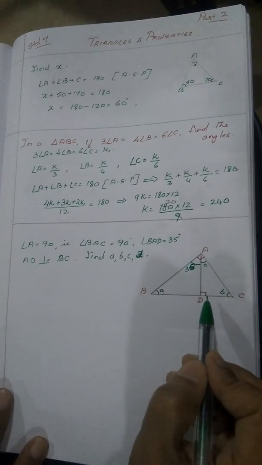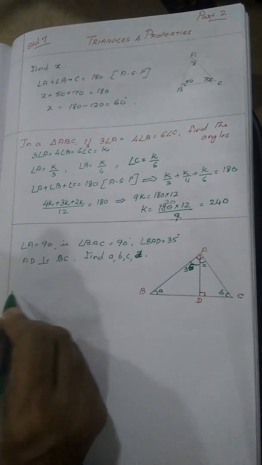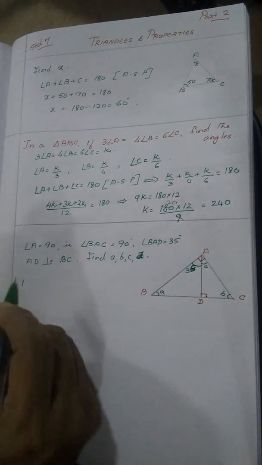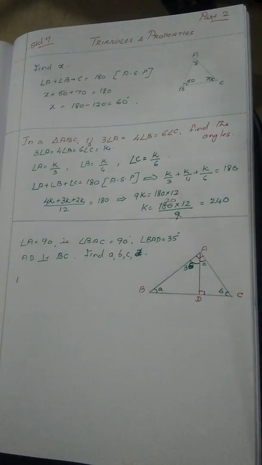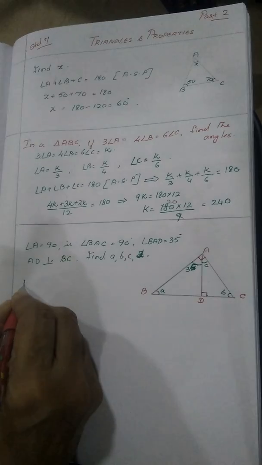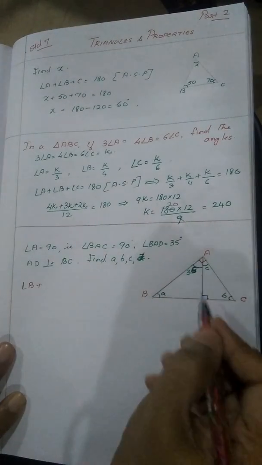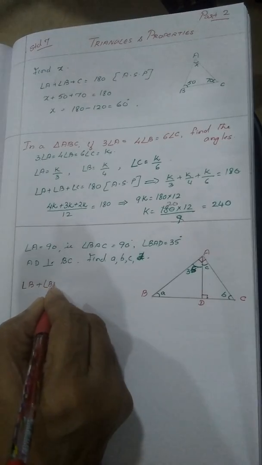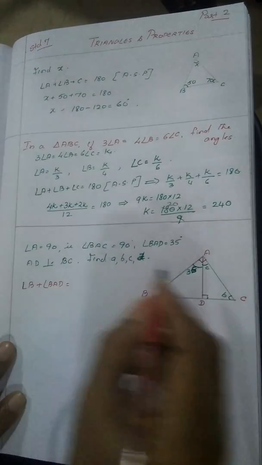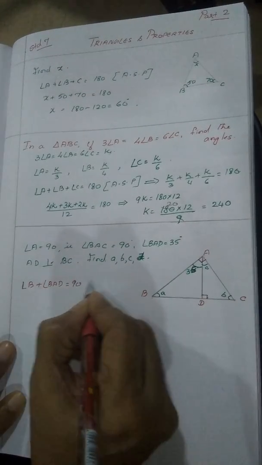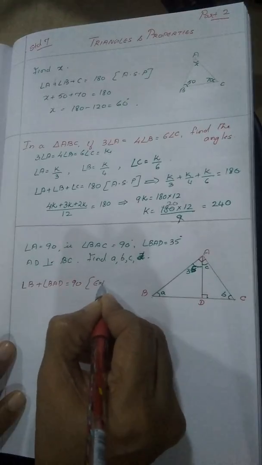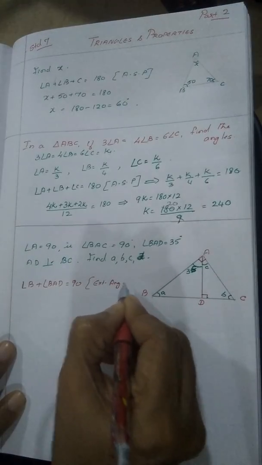We can use the exterior angle property. So angle B plus angle BAD is equal to 90 degrees. Exterior angle property.